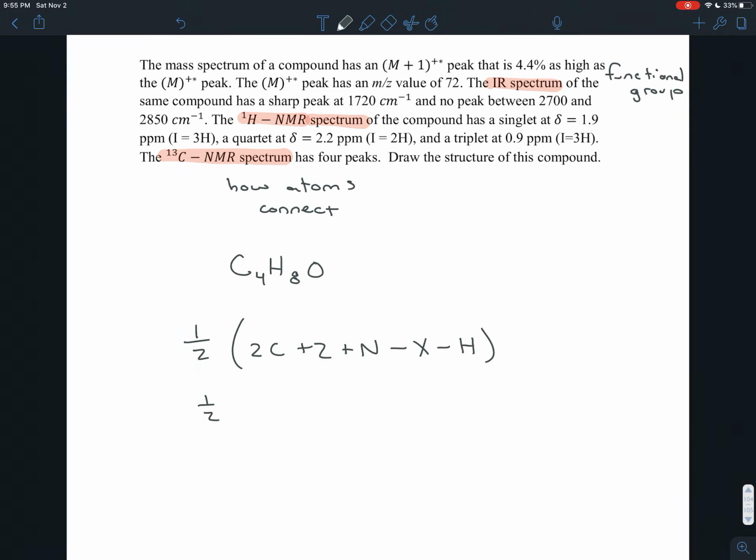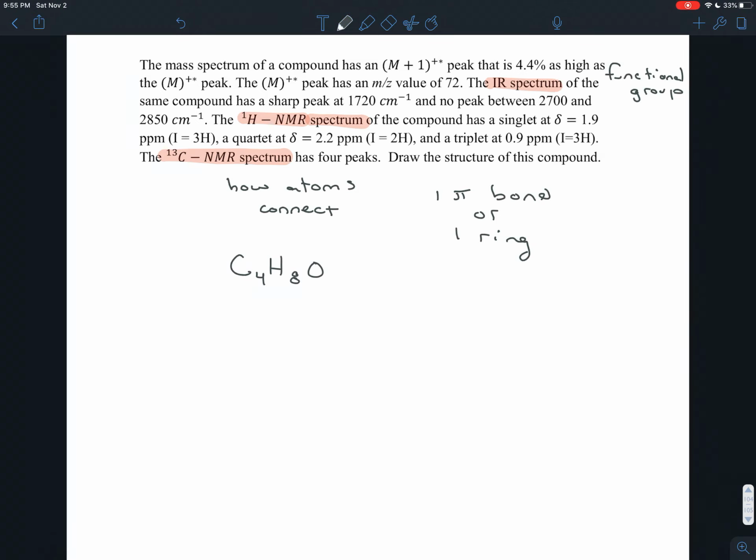So that's 1/2 times 8 plus 2 plus 0 minus 8. And so that's just 1. So we have 1 pi bond or 1 ring. So that's all the information we could get from the molecular formula and from the mass spectrum.